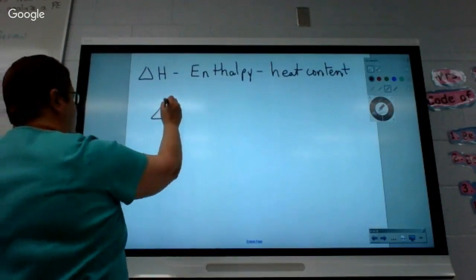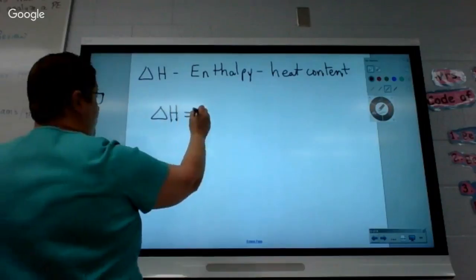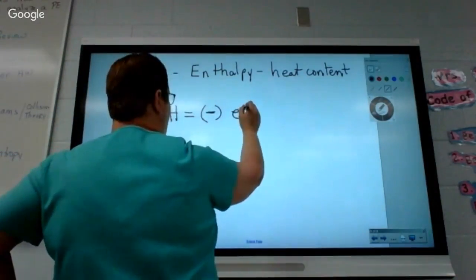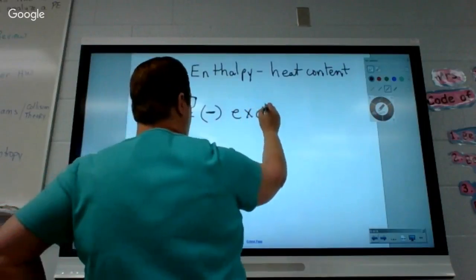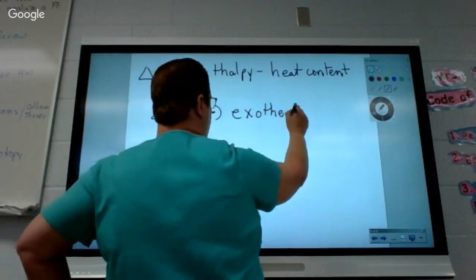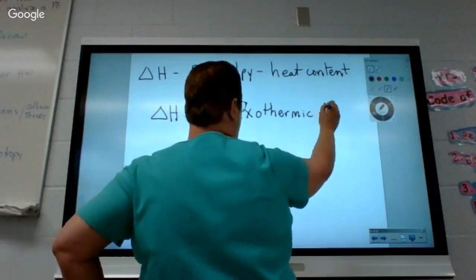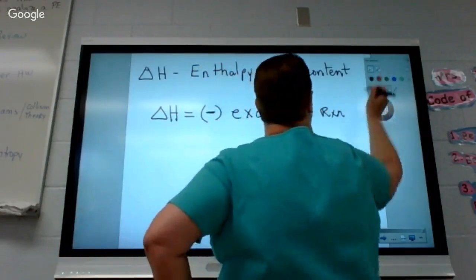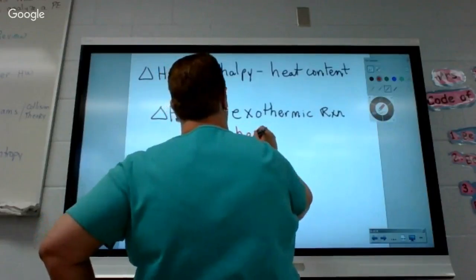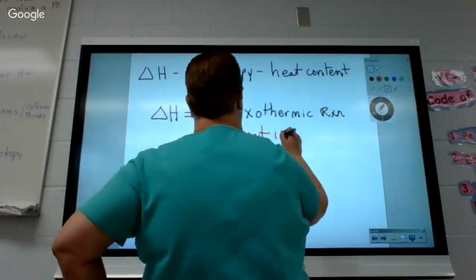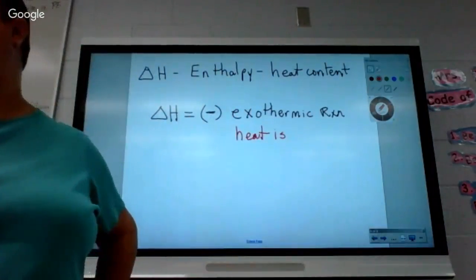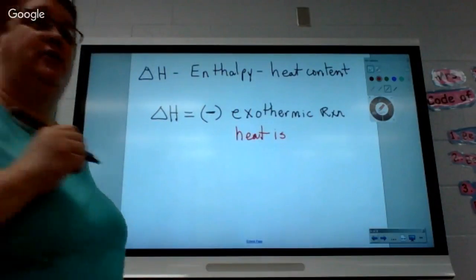All right, delta H, if it's negative, tells us it's an exothermic reaction, which you should remember means heat is what? What happens to the heat if it's exothermic? It's released.